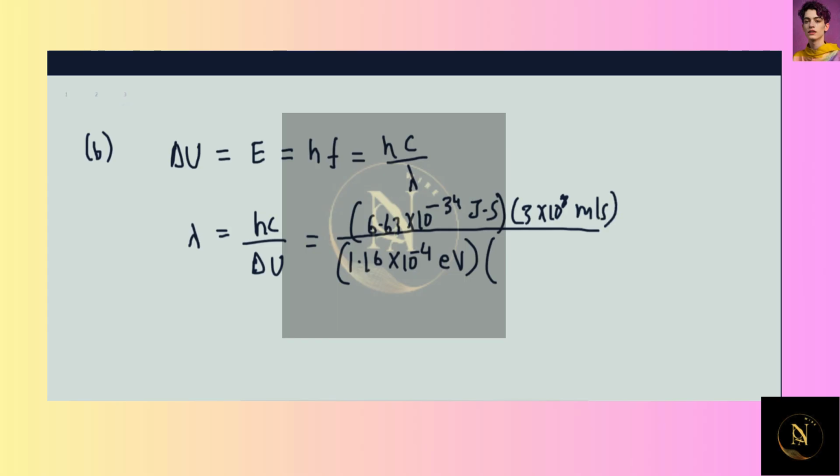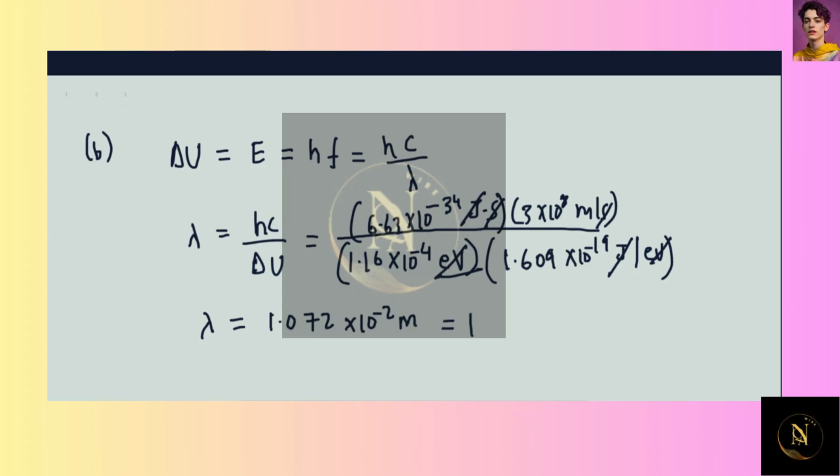In order to cancel the electron volt with joule, we use the conversion 1.6 times 10 to the power minus 19 joules per electron volt. So electron volt cancels, joules cancel, seconds cancel here. So the lambda value comes out to be 1.072 times 10 to the power minus 2 meters, which is basically 1.072 centimeters.